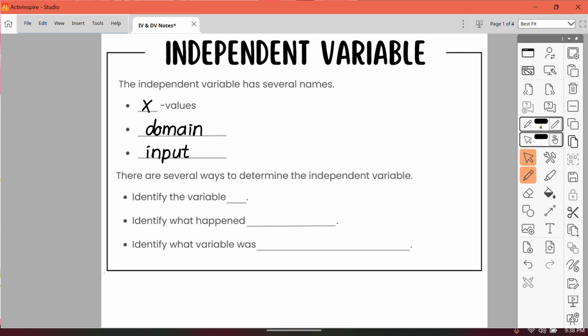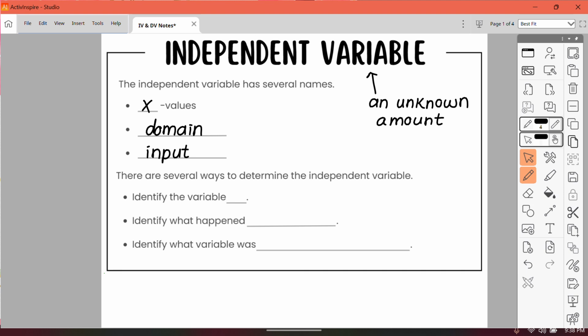We're talking about something that we don't know, which is what a variable is. A variable is an unknown amount, and it's the x values. Think about all of the y equals mx plus b equations, everything with slope and y-intercepts. Think about those x's, that domain, that input. That's your independent variable. Okay.